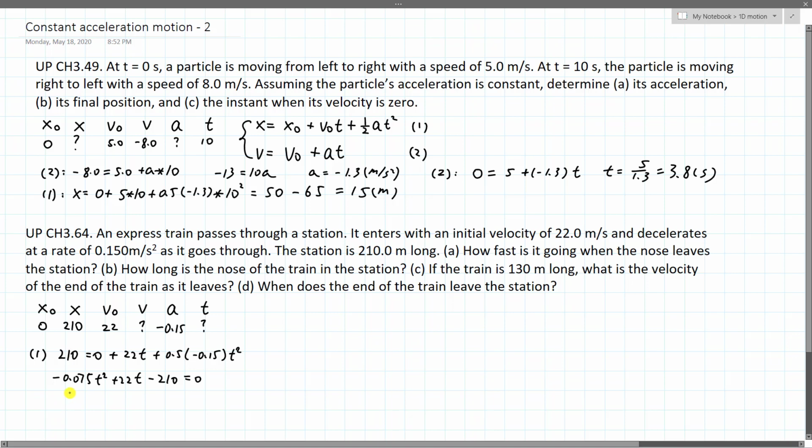So with the quadratic formula, this is our a, the a term, this is the b term, this is the c term. So we'll solve for t. t is 1 over 2a, 1 over twice this, so it's still a negative 0.15, and minus b, minus 22, then plus minus square root of b squared minus 4ac, so b is 22, square that, minus 4, a is a negative, let's keep that in mind.